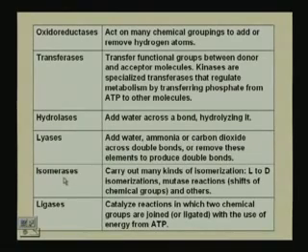Isomerases. What does the name sound like? An isomer. So, what is it going to do? It is going to bring about an isomerization. An isomerization reaction is going to be catalyzed by an isomerase. So, it will carry out or catalyze the isomerization, say from an L to a D form. So, basically what is it doing?